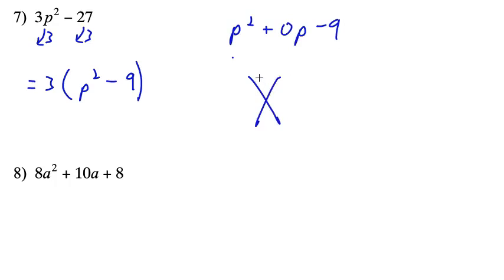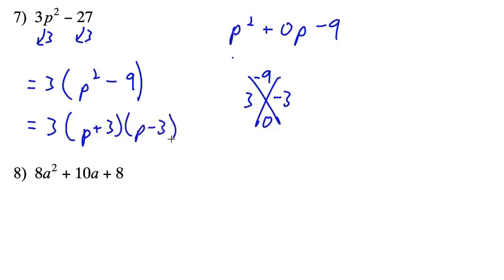Let's check to see if we can find a pair of numbers that have a product of negative 9 and a sum of 0. Well, sure enough, 3 times negative 3 equals negative 9, and they have a sum of 0. So this was a difference of 2 squares. So we have the 3, and then we have p plus 3 times p minus 3. Now we have factored completely.